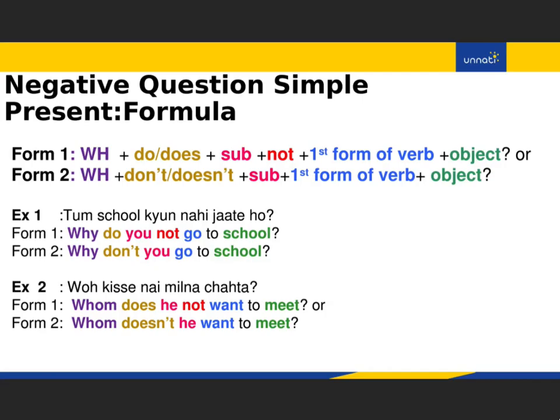So whom does he not want to meet? That is the first way. The second way, whom doesn't he want to meet? That is whom, WH word, doesn't, then the subject, then the first form of verb, want to meet, right?